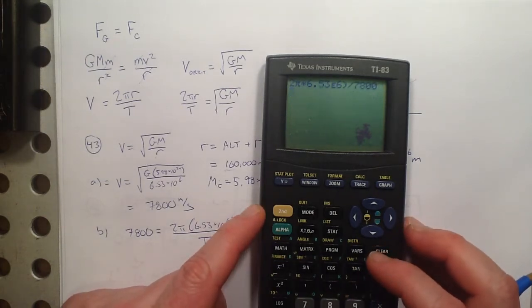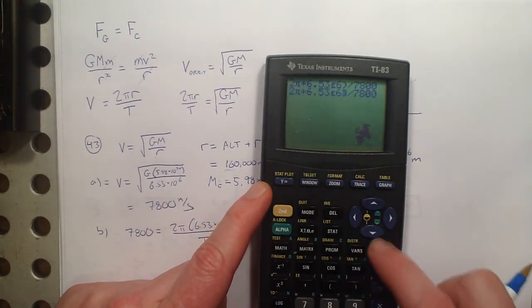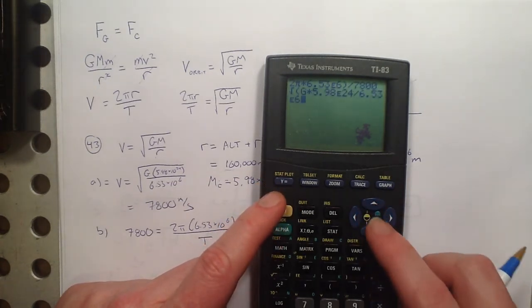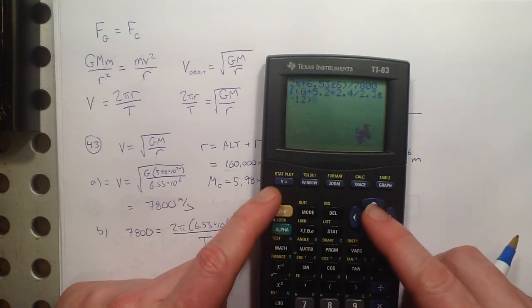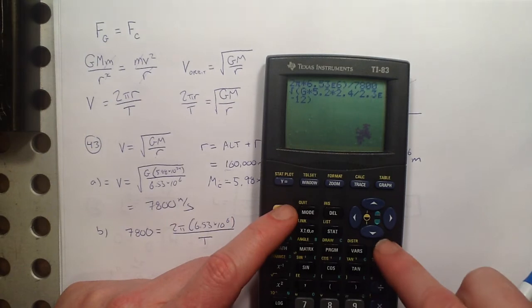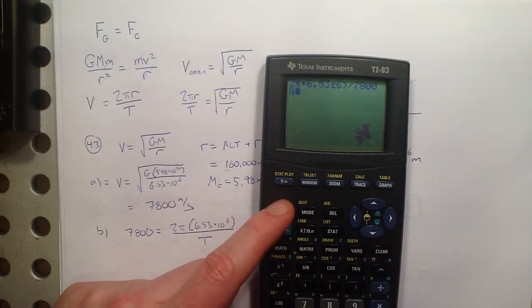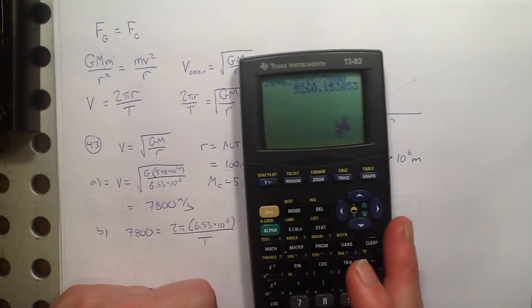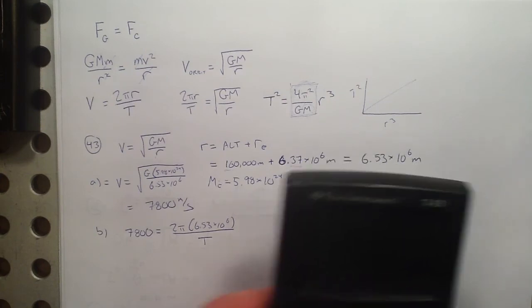I have a rogue parenthesis there. Making this look harder than it is, huh? Let's hit enter, and there we go. By my only 2 sig figs, I should call that 5300.